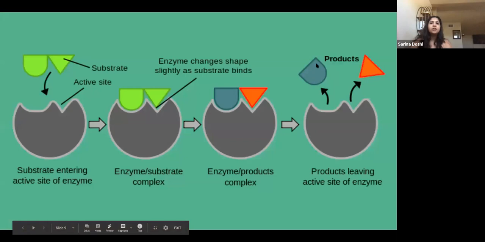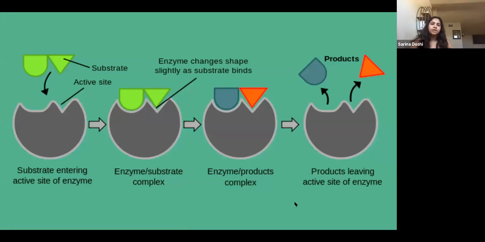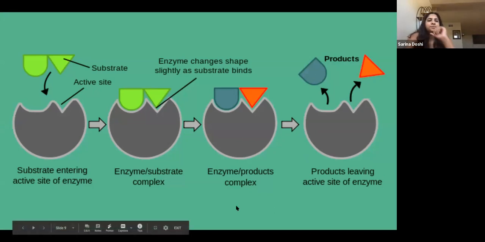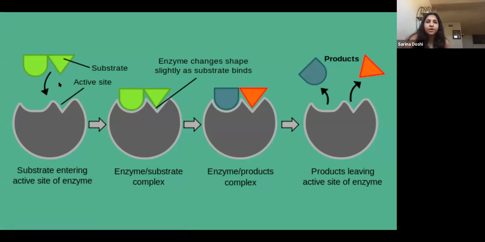Okay, so here's another graphic that shows the lock and key mechanism fit. So you can see how these two substances would fit pretty well in the enzyme. So it'll enter, then there'll be a little change in shape. So if you look, this is shallow, and this is kind of pointed, right?